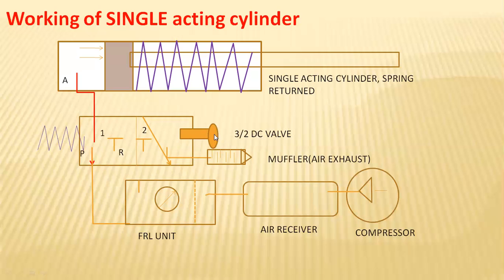When this push button is pressed, the second position of the DCV will come into force. The pressurized air will enter port 3 to 2, will create the extension in the piston movement by compressing the spring existing here.